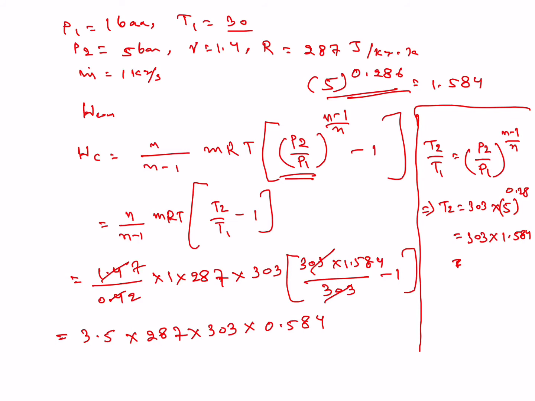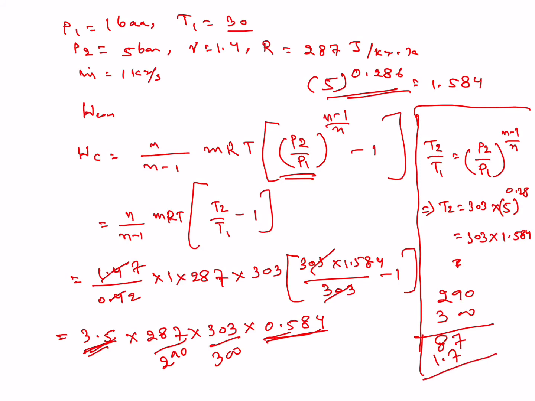Again approximation you have to do. 287 you take 290, then 303 you make 300. How much you will get? 290 into 300 you will get 87, with 3 zeros. 87 into 3.5 into 0.5 you will get 1.7.